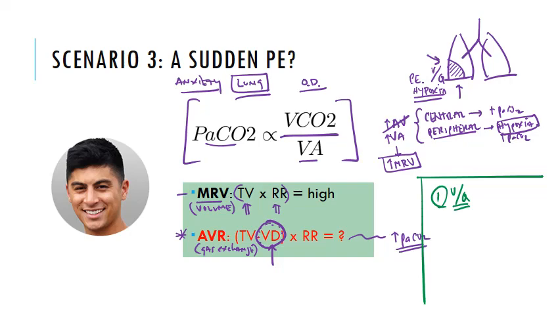So those central and peripheral chemoreceptors are overcompensating essentially. So what will happen is your body will wind up in a respiratory alkalosis, an acute respiratory alkalosis.